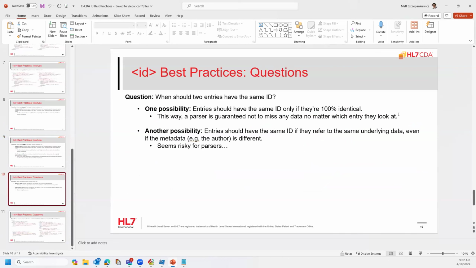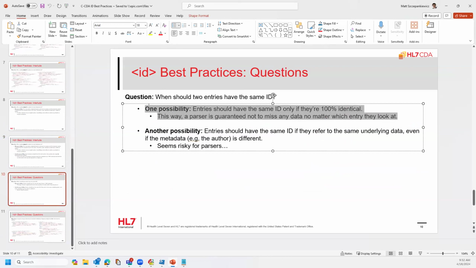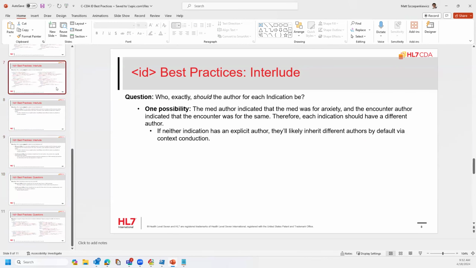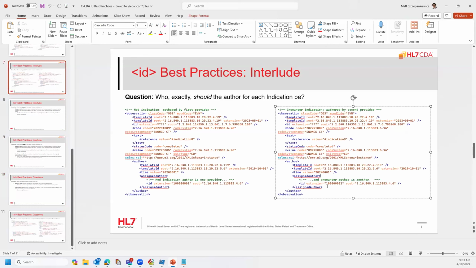My overall feeling is that I'm pretty inclined to lean towards this first possibility, where the only time that two entries should have the same ID is if you can literally copy paste out the XML, plop it in the other place and have your parser be able to continue on its way.